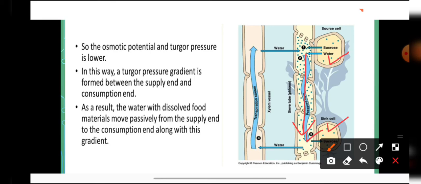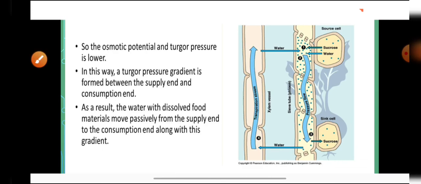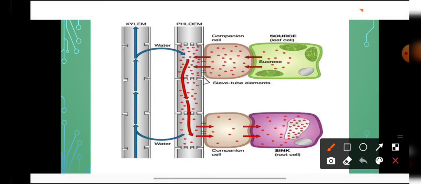Okay, now there will be passive movement of water along with the solutes from the supply end to the consumption end, and in this way, students, translocation is taking place.